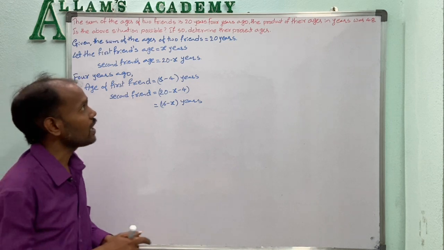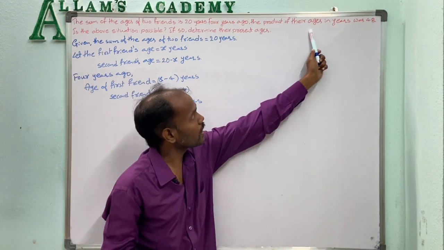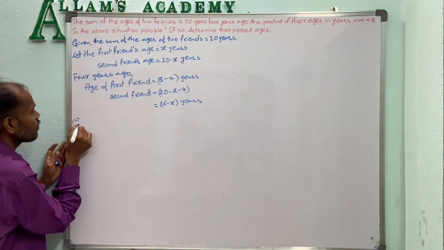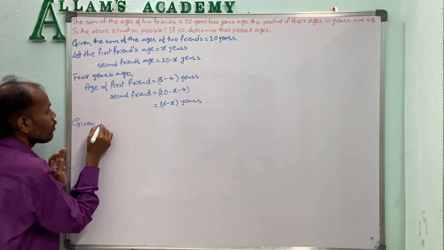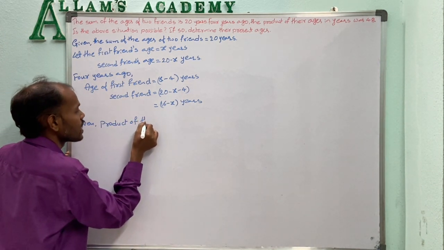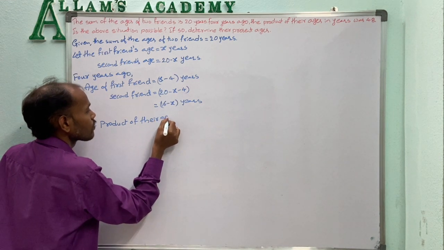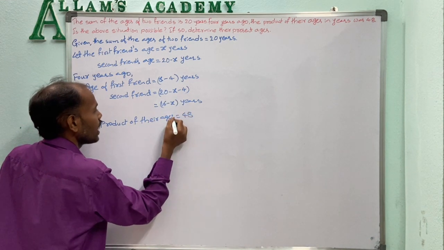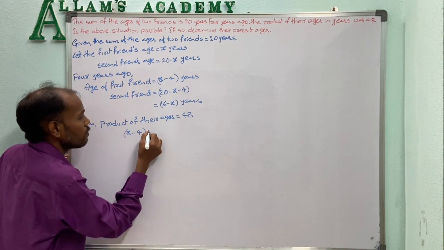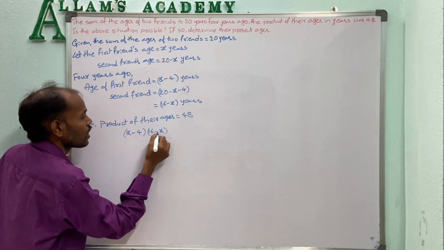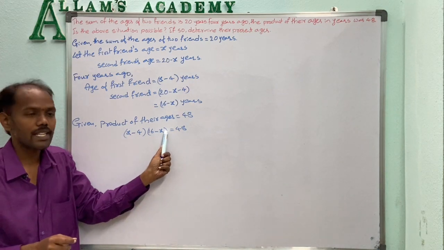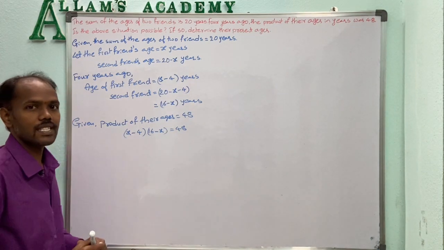Now here given 4 years ago the product of their ages is 48. So given the product of their ages equal to 48. That means x minus 4 into 16 minus x is equal to 48. That means x is multiplied with 16 minus x, and minus 4 is multiplied with 16 minus x.